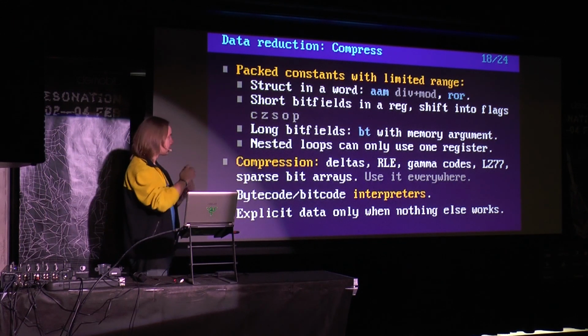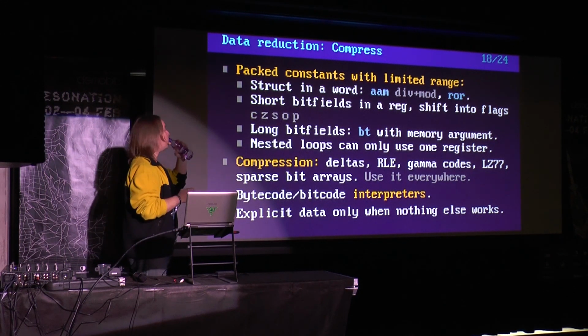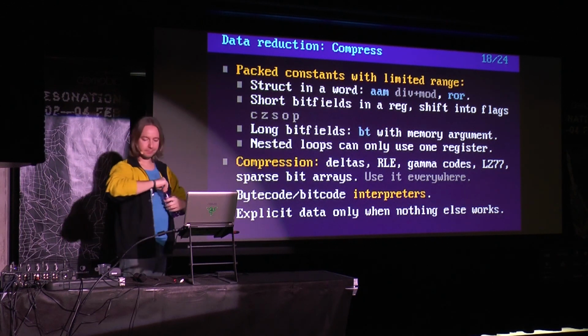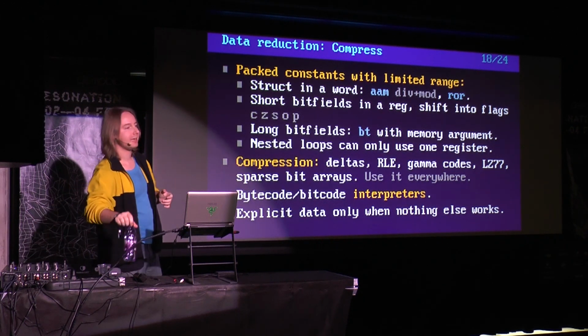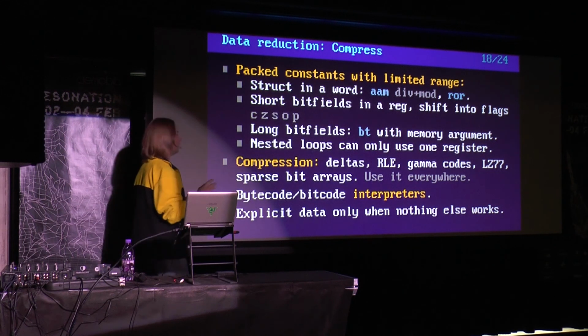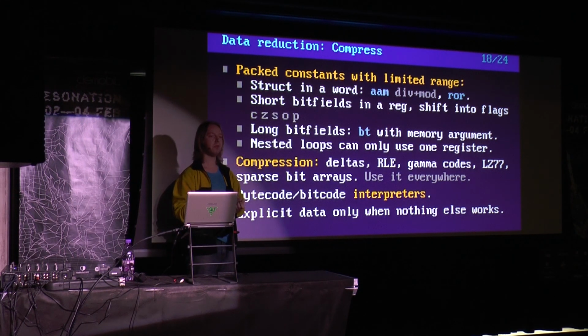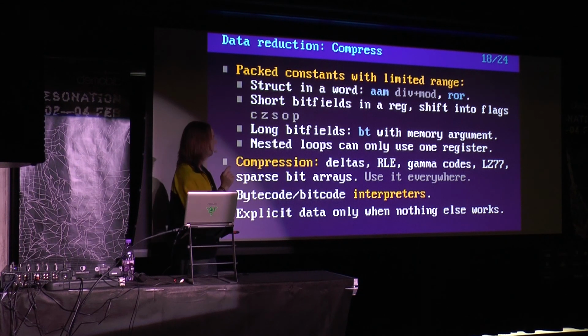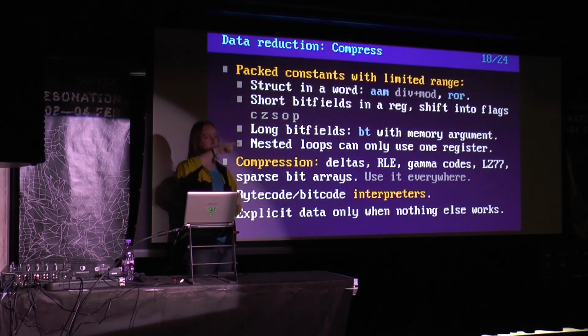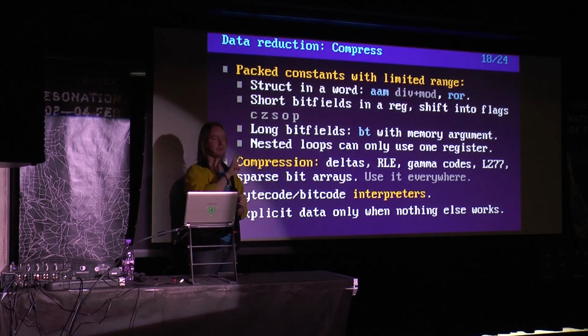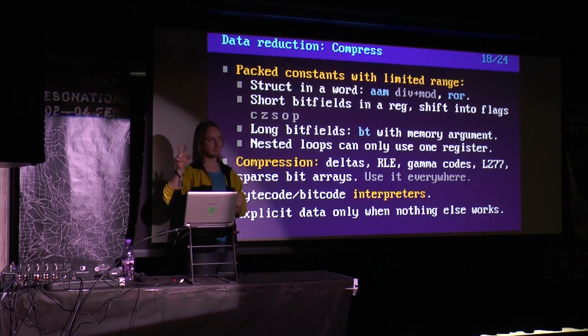Compression. If you really need some data, you usually want it to contain the most zeros, or at least small values in the absolute sense. So most values can use differences to put it down.